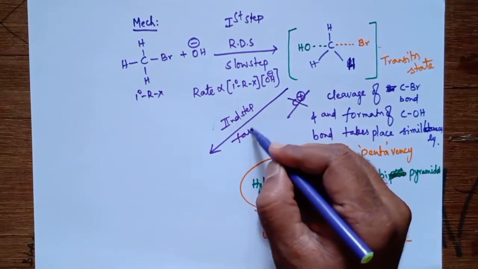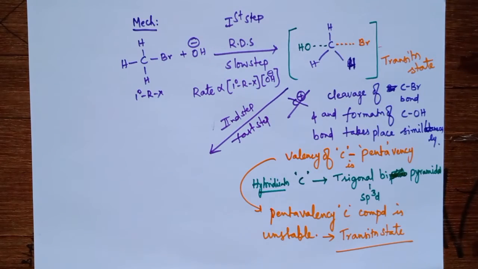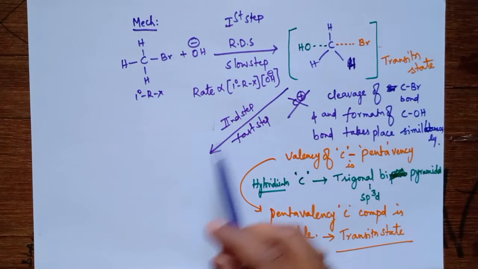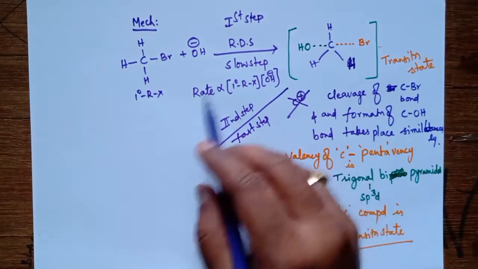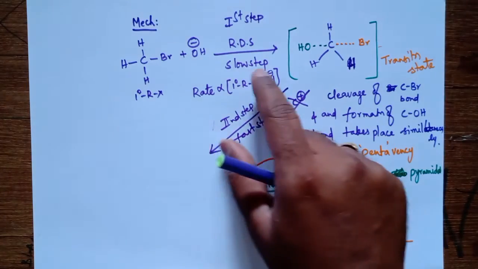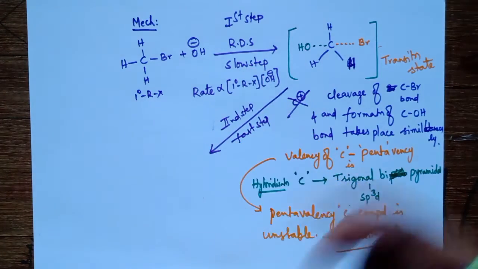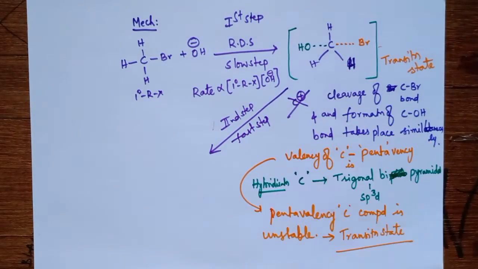Don't misunderstand that this reaction is taking place in two steps. That is the wrong way. This reaction is taking place in one step. You cannot isolate the transition state.